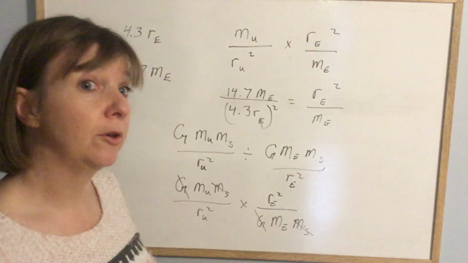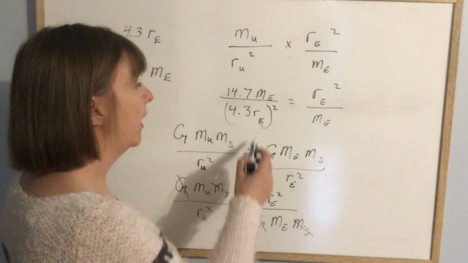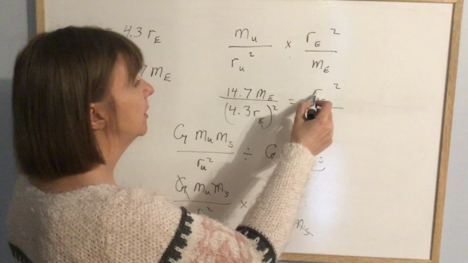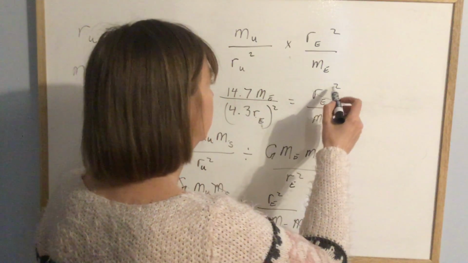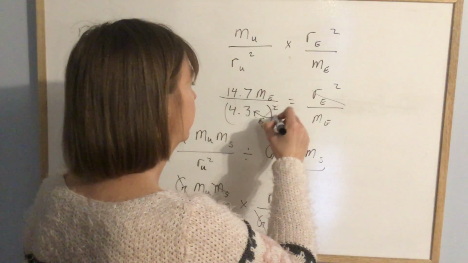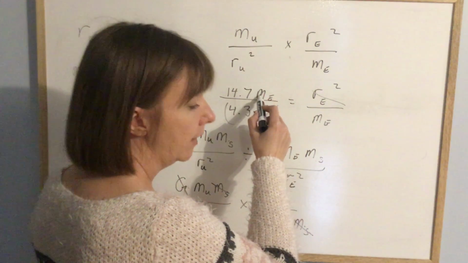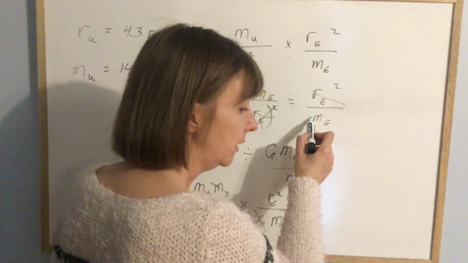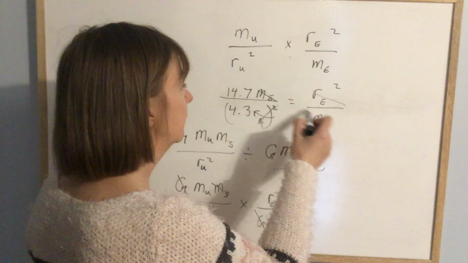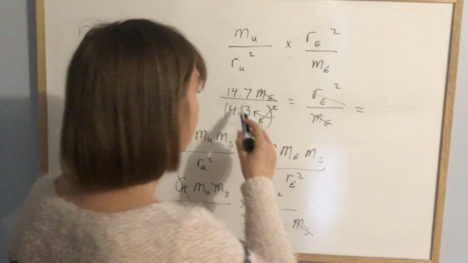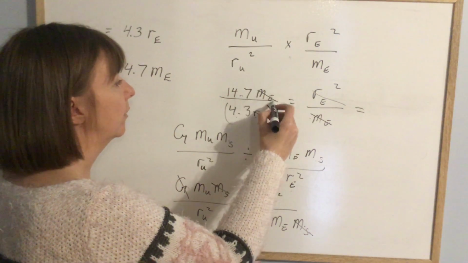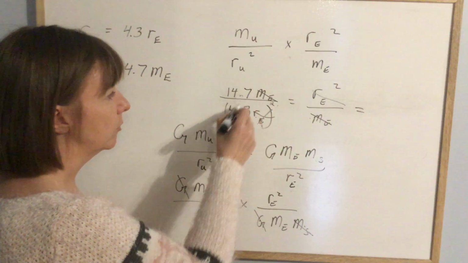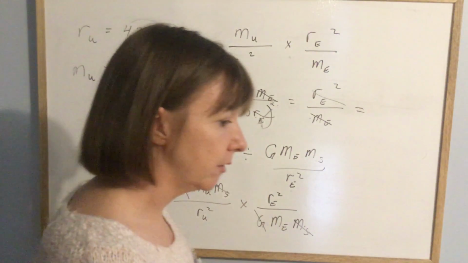The reason I would do that is because now I have an Re squared on the bottom and an Re squared on the top. Those will actually cancel. And Me and Me will actually cancel. And I have 14.7 divided by, now remember both of these were squared, so it would be divided by 4.3 squared.